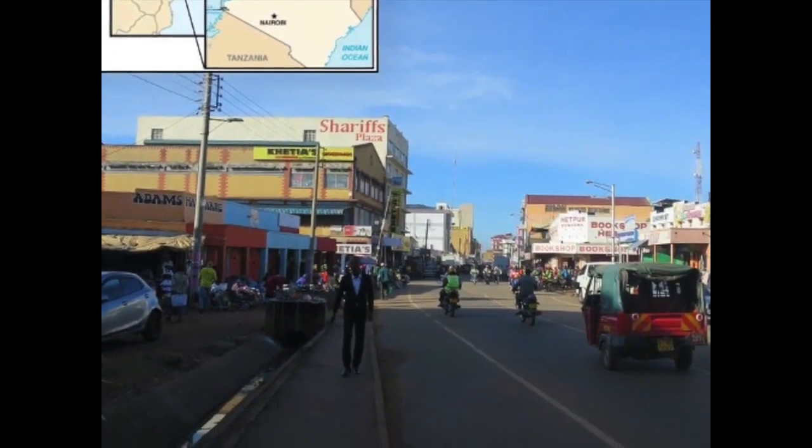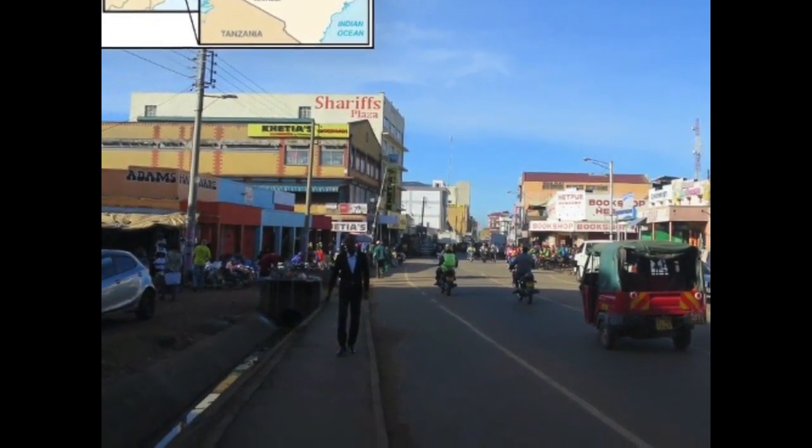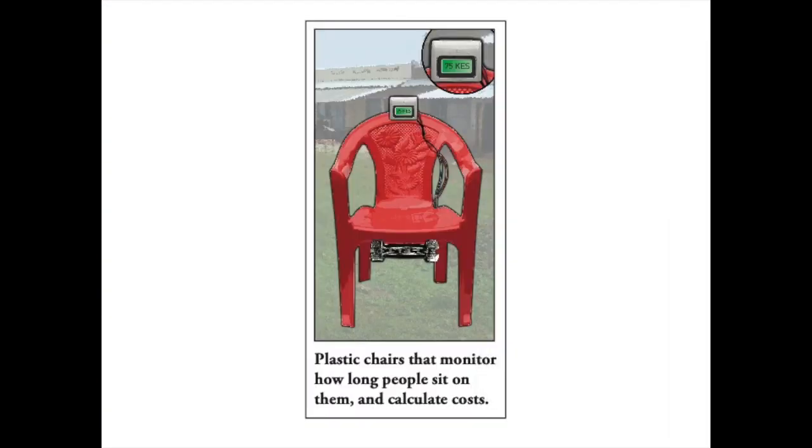I'm going to briefly talk about some of the proposals in my workbook here. The first is this plastic chair that monitors how long people sit on it and then calculates the cost. This was inspired by the ways that these plastic chairs are used as a livelihood strategy among some of Bungoma's residents.